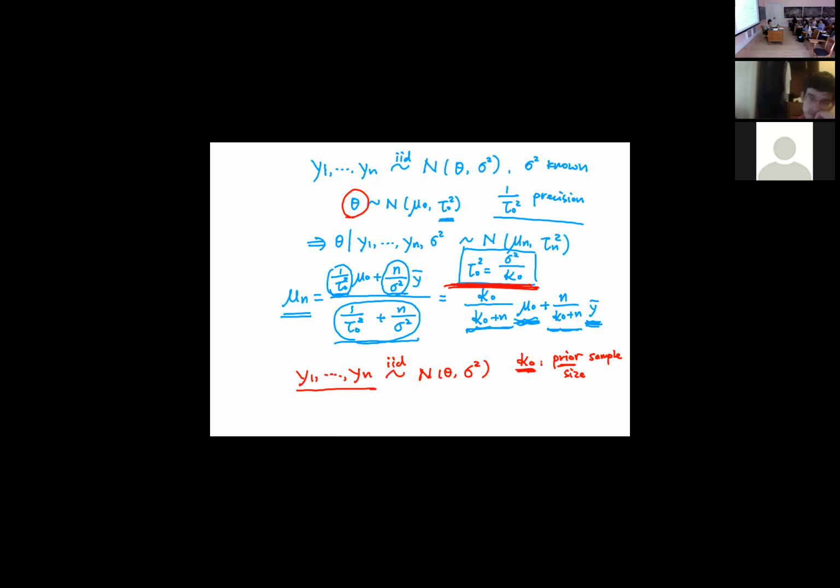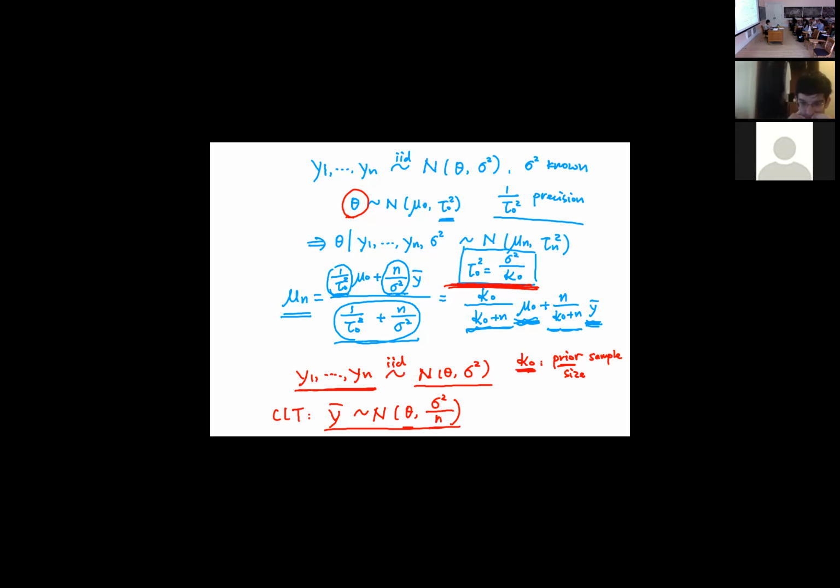So by central limit theorem, you know that if Y1 to YN is IID with mean theta and variance sigma squared, then if you think about the mean, Y bar, it's going to be normal, centered at the mean, with variance sigma squared over n. By central limit theorem, the mean of the observations will follow a normal distribution centered at the mean, and the standard error is sigma divided by the square root of the sample size.